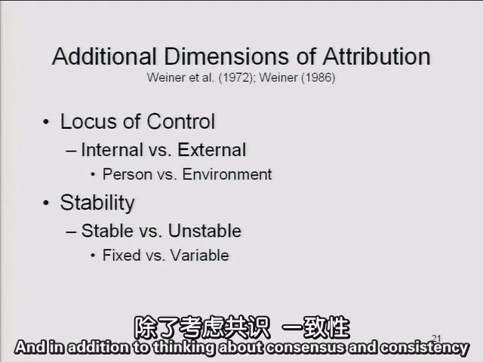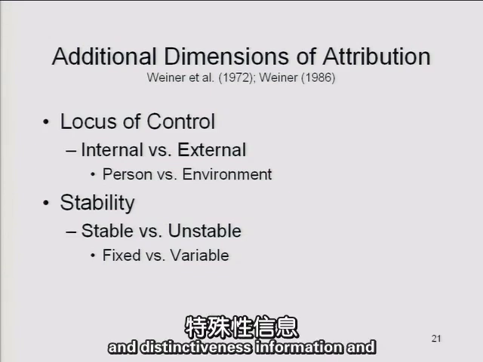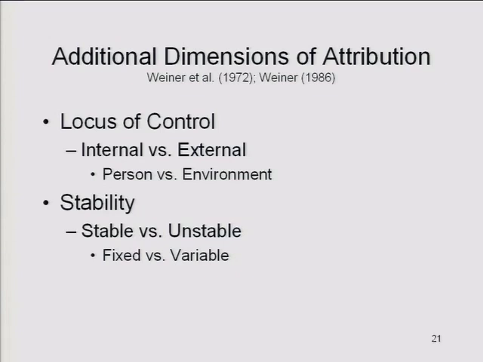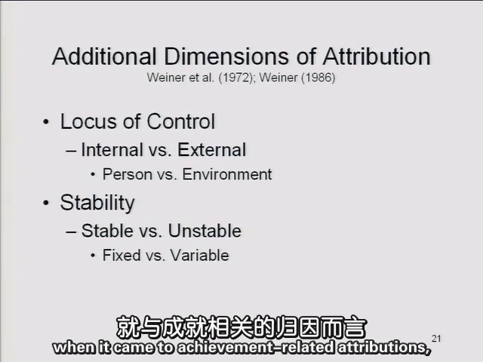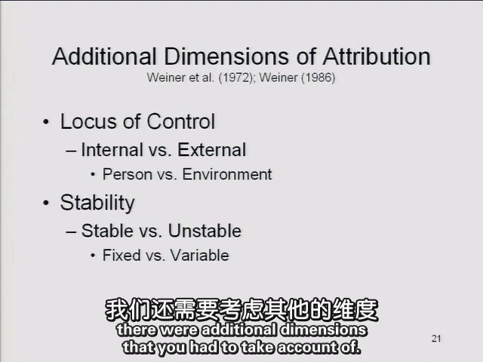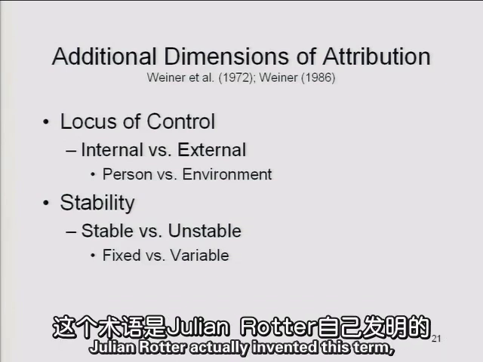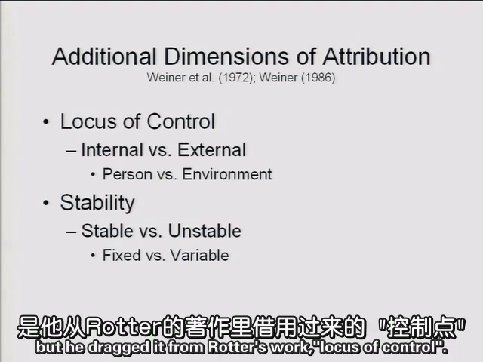In addition to thinking about consensus and consistency and distinctiveness information and attributions to the actor and the target and the circumstances, Weiner argued that when it came to achievement-related attributions, there were additional dimensions that you had to take account of. One was what he called, after Julian Rotter, who actually invented this term, but he derived it from Rotter's work, locus of control.